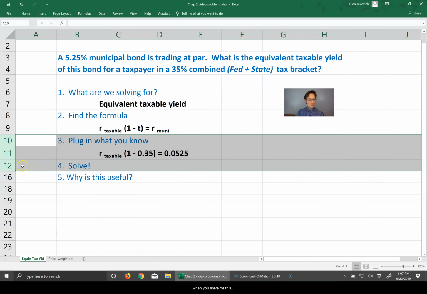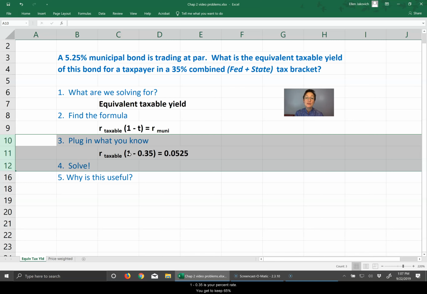Before we move on to solving it, I want to point out something. Why would it be 1 minus the tax rate? Well, think about it. You're getting income from this taxable bond. You don't get to keep all of it. You're going to have to pay 35% of that income to federal and state. So how much do you get to keep? 1 minus the 0.35, your percent rate.